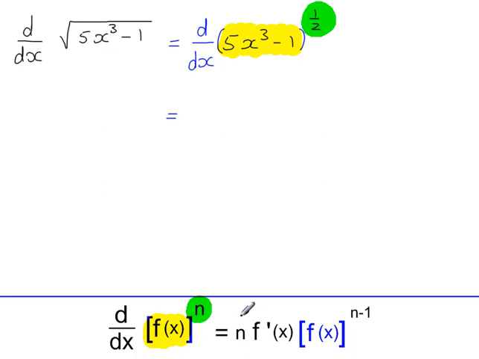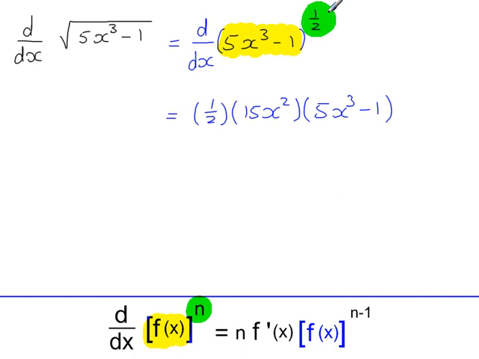So following the formula, n, which is a half, comes to the front, times the derivative of the function inside the brackets, so times the derivative of 5x cubed minus 1, which gives us 15x squared, times the original function inside the brackets, and the original function was 5x cubed minus 1 to the power of n minus 1.